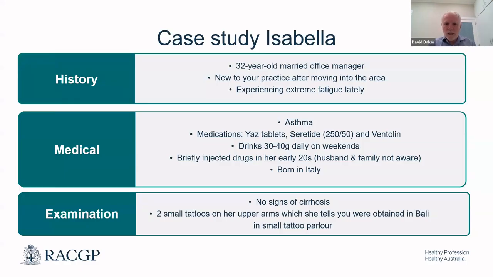Isabella was born in Italy and then moved to Australia when she was quite young. And you do an examination, there's no signs of cirrhosis, you can't feel her liver, but you do notice that she has 2 small tattoos on her upper arm, which she tells you she obtained in Bali in a small tattoo parlor. Next slide.